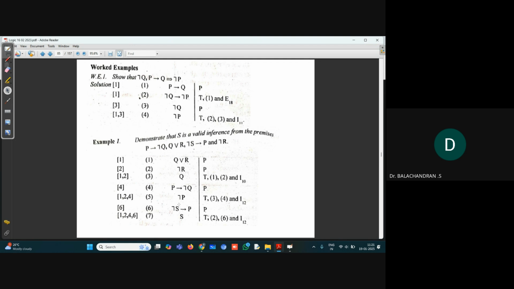Negation P. And then negation S implies P is rule P. Now again you should apply contrapositive for this one. You will get negation P implies S. So already here negation P. So negation P implies S is what? S. So that's all. We get the conclusion yes.